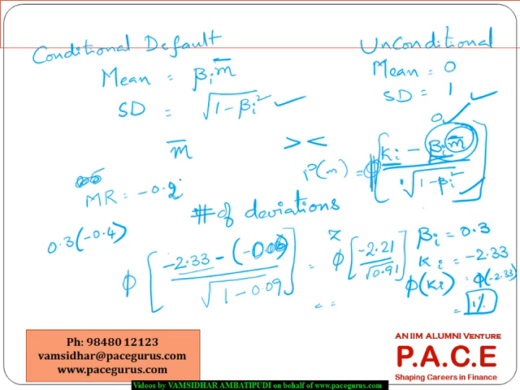The conditional probability of default will be either greater or smaller than the unconditional probability of default, as long as M bar, which is the market return, and the beta, both of them are not equal to 0. Sometimes it will be higher, sometimes lower, based on how it is associated with the market factor.